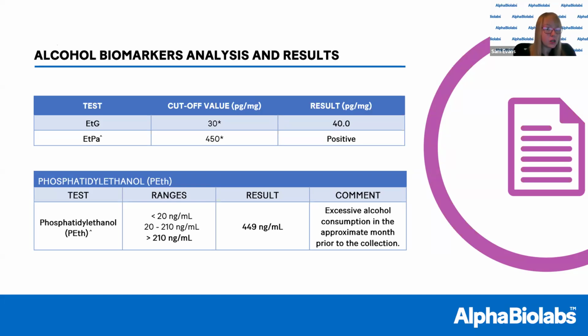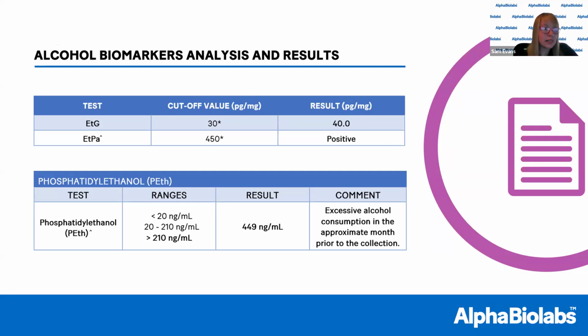So in this case, the combination of hair alcohol biomarkers and PEth testing meant that we could conclude that the disclosed binge drinking episodes alone would not account for the findings, unless such episodes were more frequent and intense than originally stated. This is further supported by the fact that PEth remained elevated despite the binge drinking events occurring more than 7 weeks prior to sample collection. And the sample donor also only declared a typical alcohol intake of only 1 bottle of wine per week.